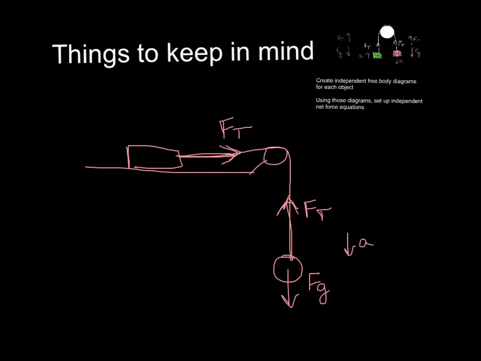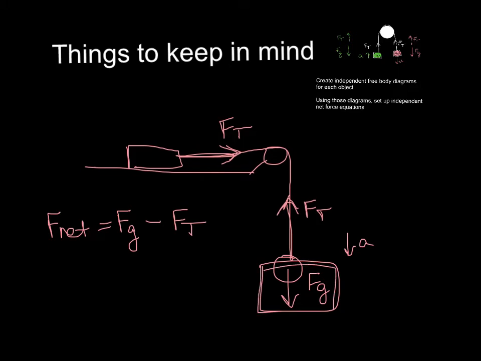If we end up with a negative acceleration, what does that mean? Positive and negative in physics means direction. All it means is it's accelerating in the opposite direction. So our net force is going to be, since we're going down, this is the bigger of the two forces, so we're going to put it first, the gravitational force minus the tension force for this mass here.